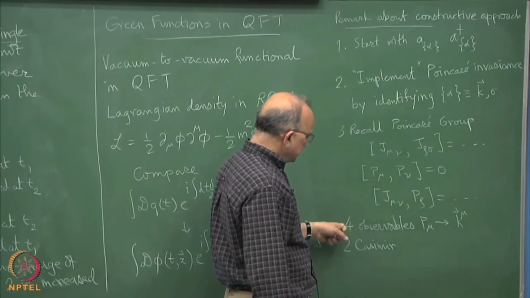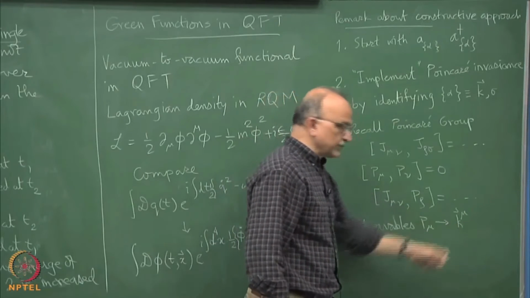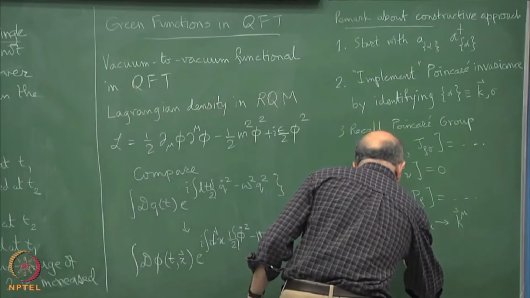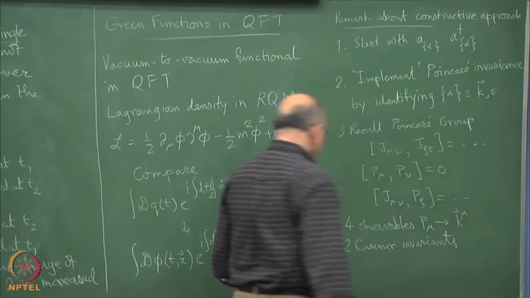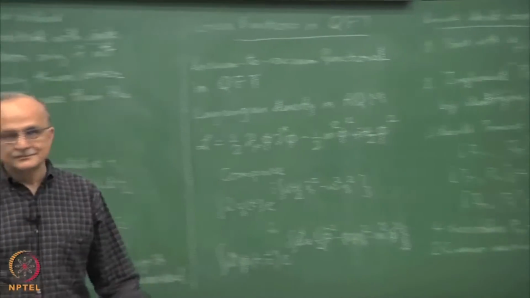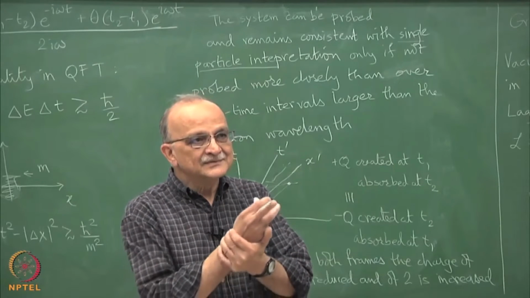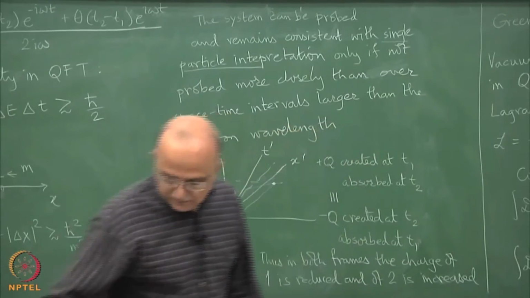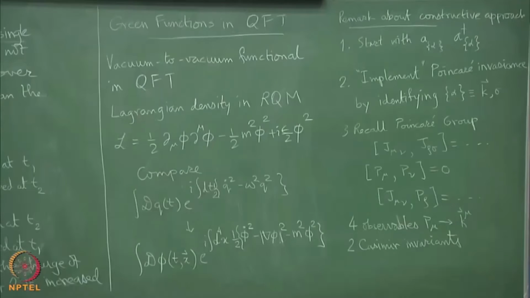So the only mutually commuting observables available in Poincare group are the K mu. However, there are 2 Casimir invariants. Which are the 2? Who knows? One is J squared. No, not quite. Sorry, not J squared. One is sum of the P squares.